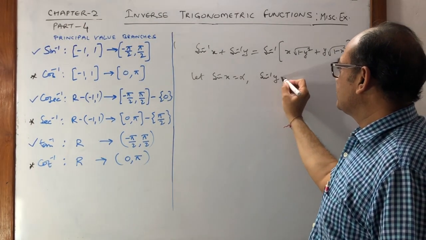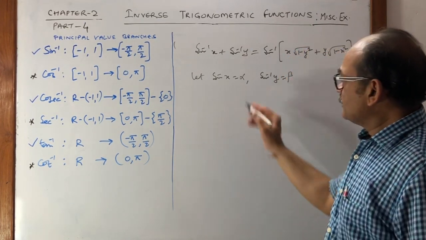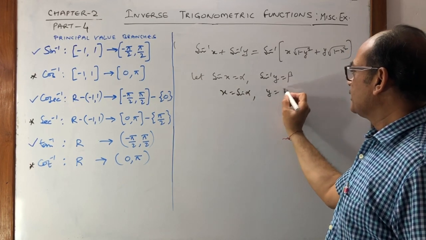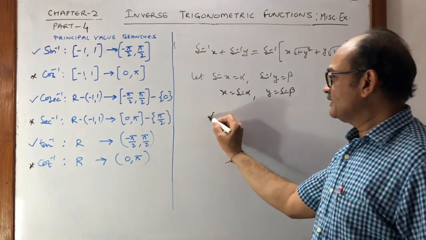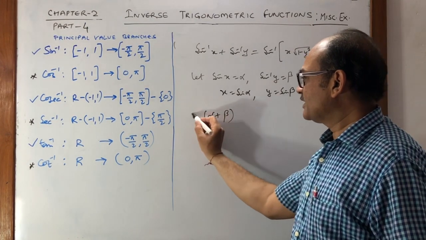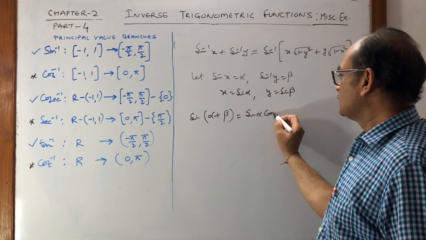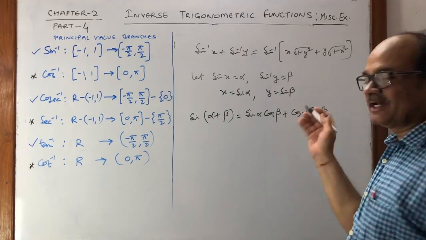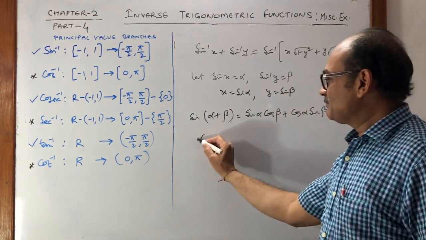Similarly, sin inverse y equals beta. Now, x equals sin alpha, y equals sin beta. If we apply the class 11th formula for sin of alpha plus beta, what are we getting? Sin alpha cos beta plus cos alpha sin beta. Class 11th revision.